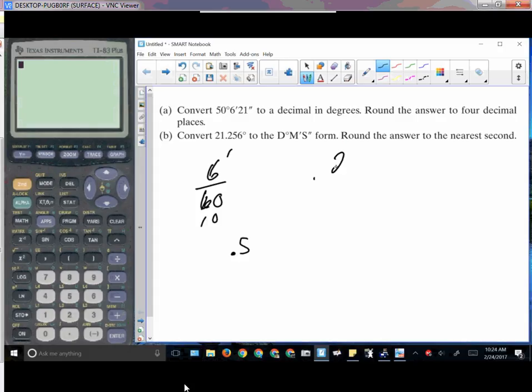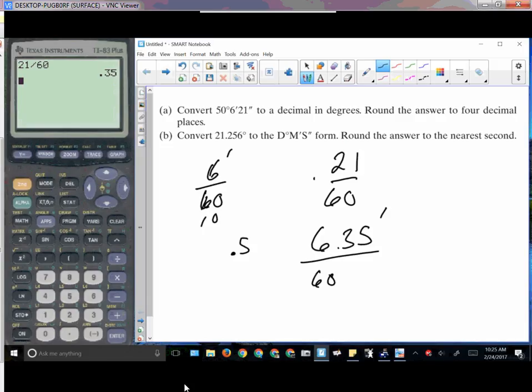So now if I've got 21 over 60, that's kind of an ugly looking number, correct? Because this is really saying 6 minutes and 21 seconds. So what I'm going to do here is 21 divided by 60, 0.35. So instead of 6 minutes, 21 seconds, this would be 6.35 minutes over 60.